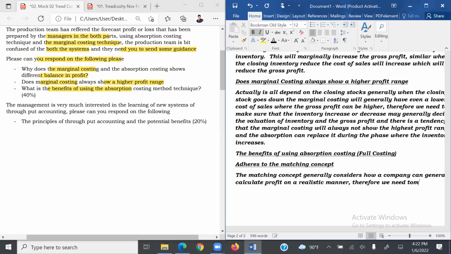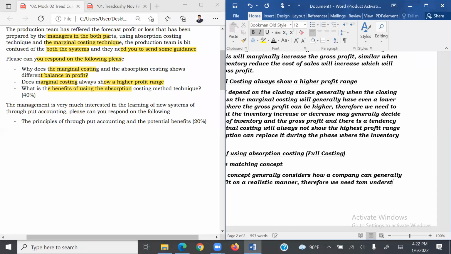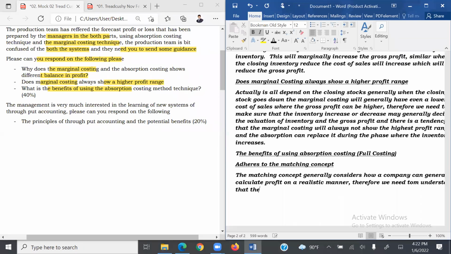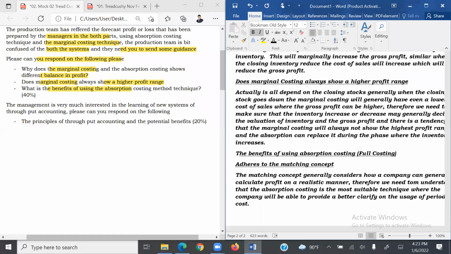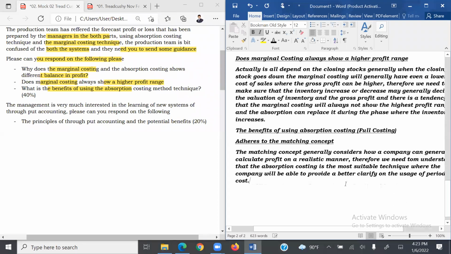Therefore, we need to understand that absorption costing is the most suitable technique where the company will be able to provide a better clarity on the usage of periodic cost. So students, this is the basic understanding of one thing.